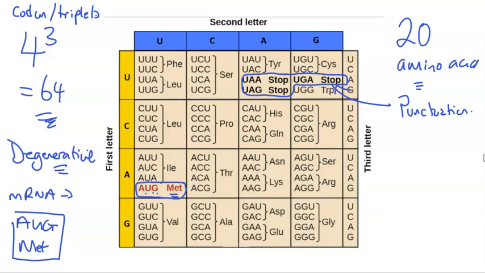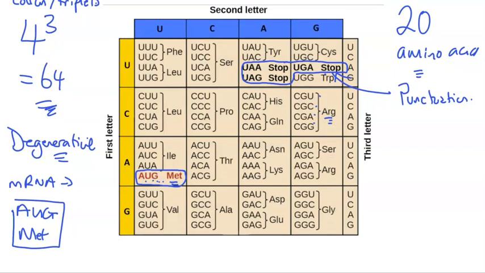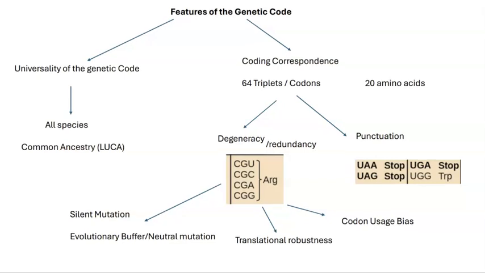And so with multiple codons coding for the same amino acid, with punctuation, and then the start codon down here, this takes up the 64 codons which are in messenger RNA.